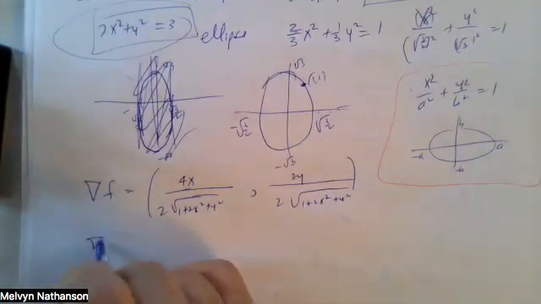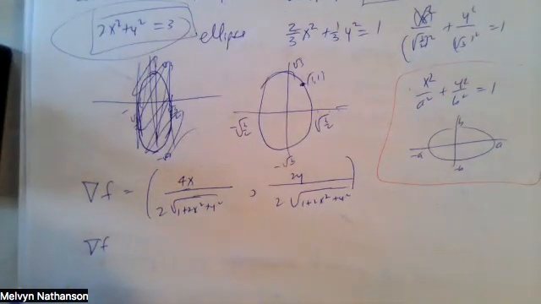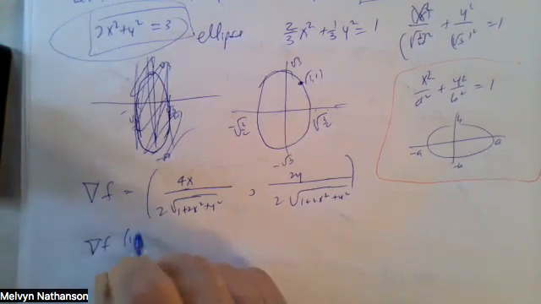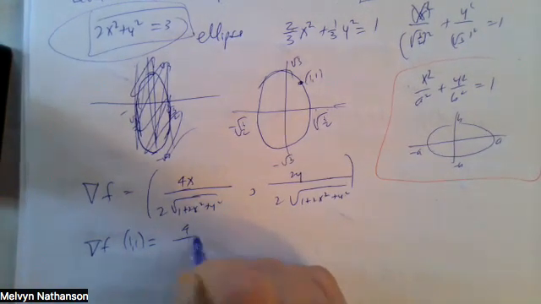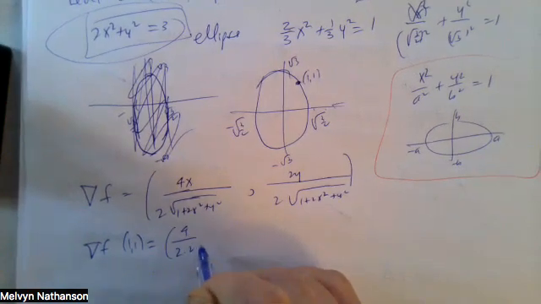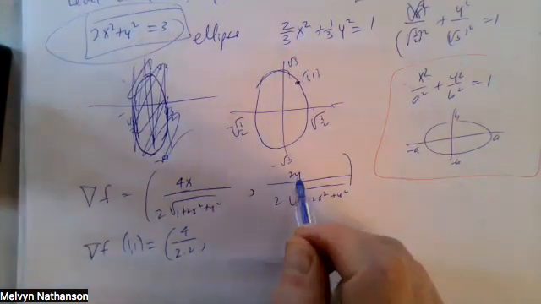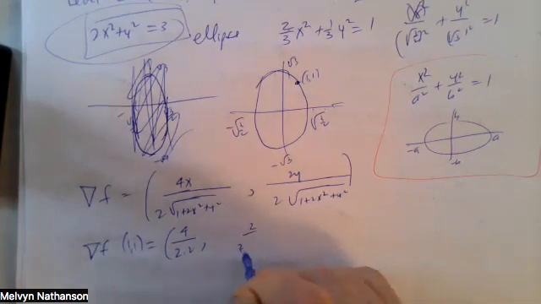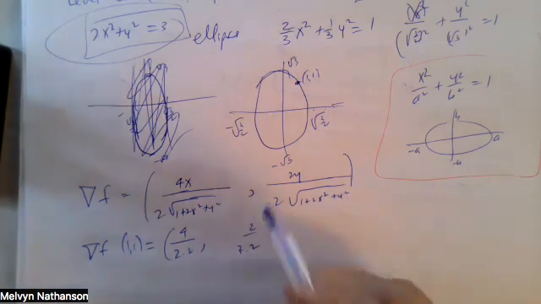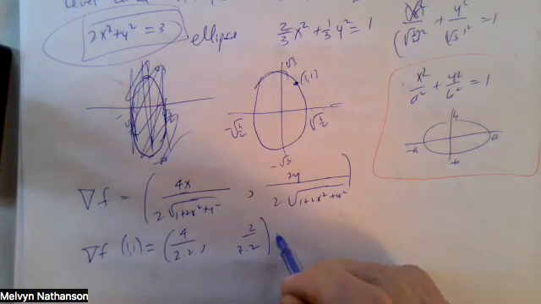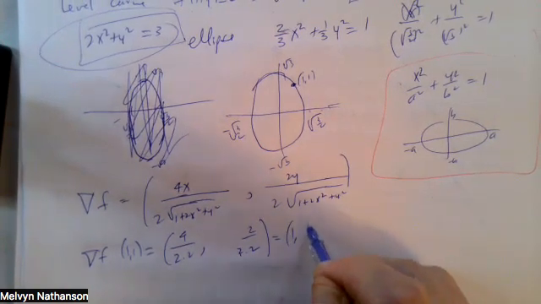So the gradient of f at the point 1, 1 is 4 over 2 times 2, comma 2 over 2 times 2, excuse me. So this is 1, 1/2.